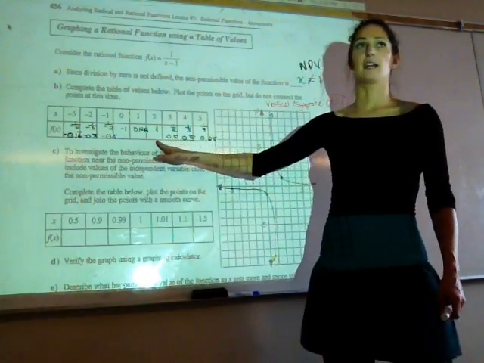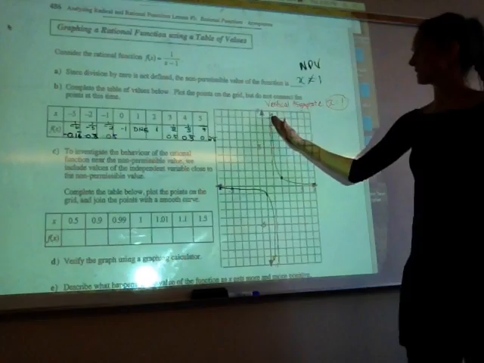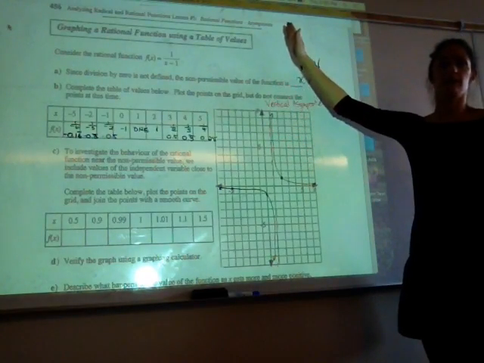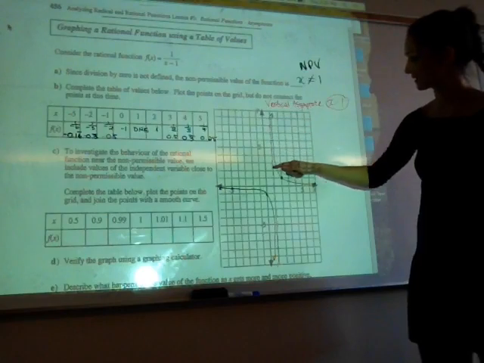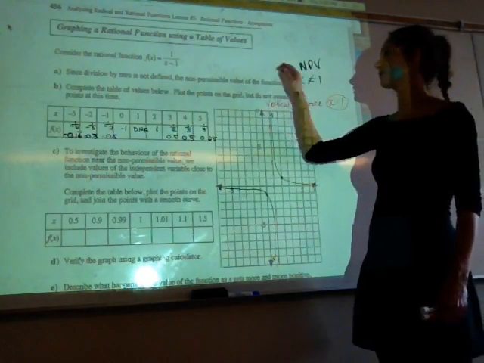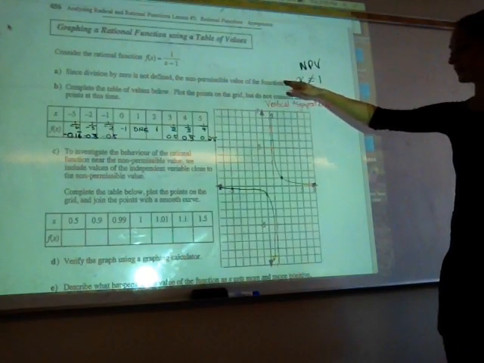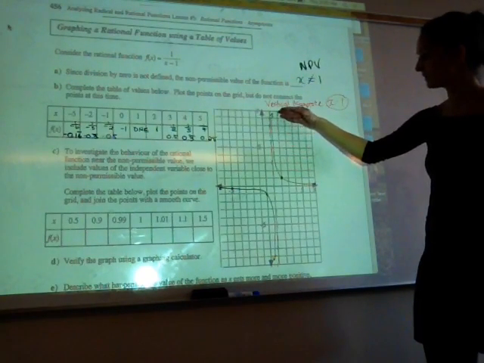The y coordinates are getting bigger, and eventually it's just going to be going to infinity. Do you think it will ever cross this line x equals 1? Will it touch that? No, because it's a discontinuity, it's our non-permissible value. So as x gets smaller, we're approaching infinity.